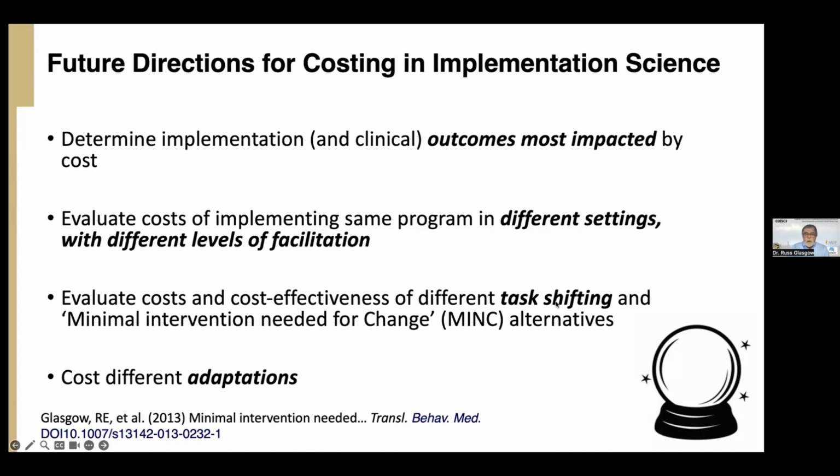Those of you that do global health know a lot more than I do, but even for domestic programs, looking at the impact of task shifting, or people in different roles involved in implementation or delivery. And then also in the future, looking at costing out different adaptations, which of course is a hot area.